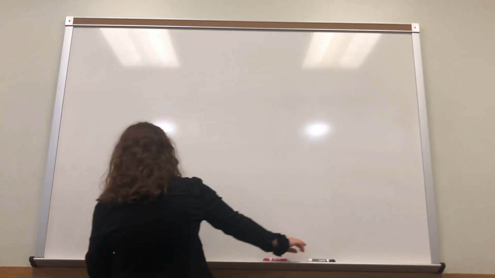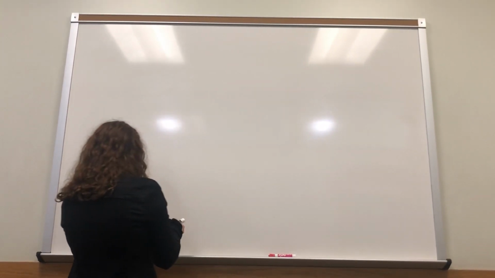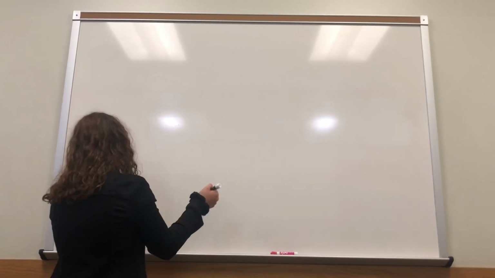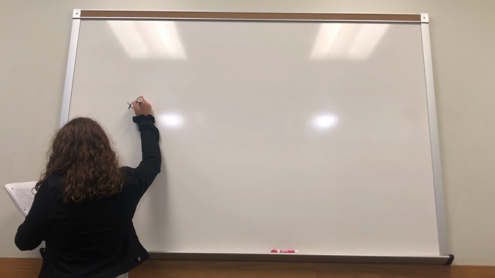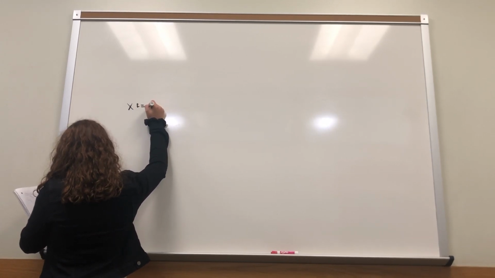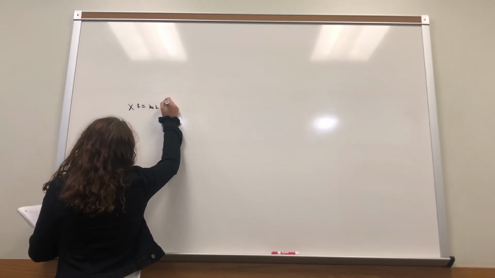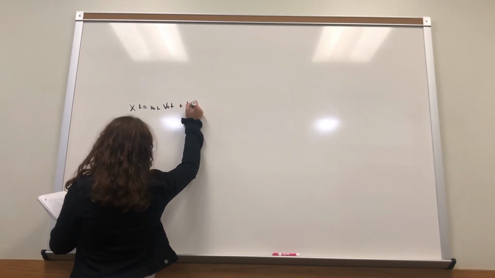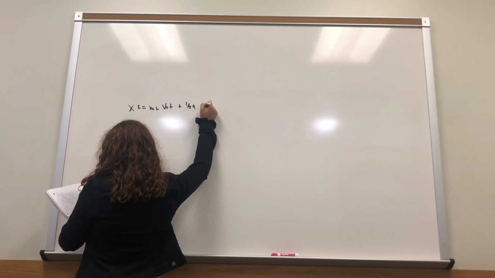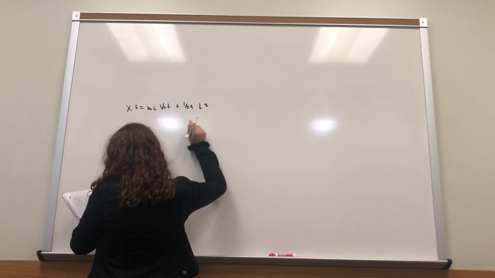And so, to start, we're going to use this equation, which is x final equals x initial plus velocity initial multiplied by time plus 1/2 multiplied by acceleration multiplied by time squared.